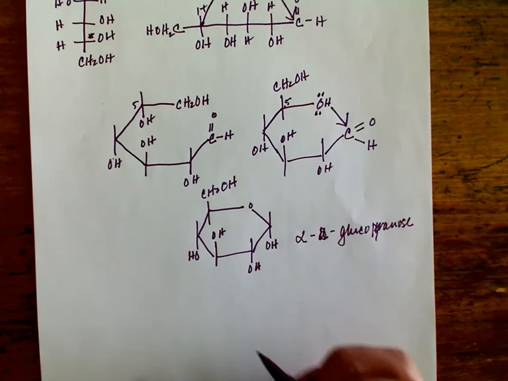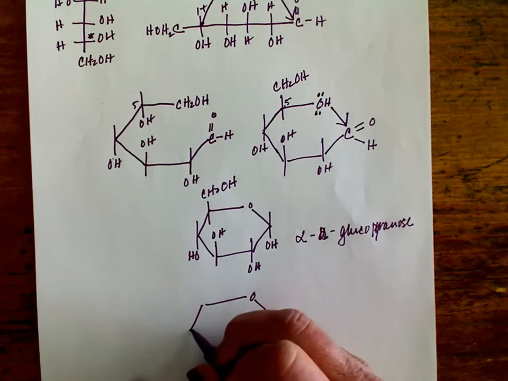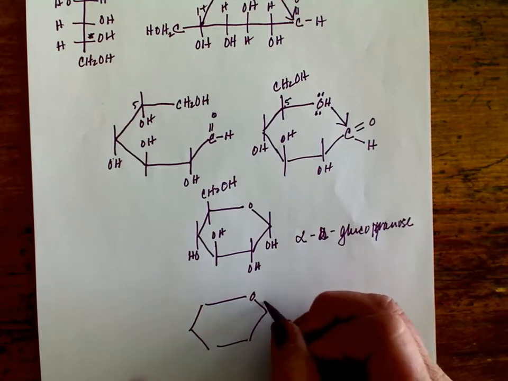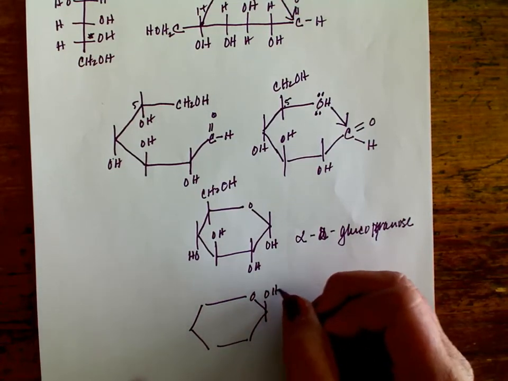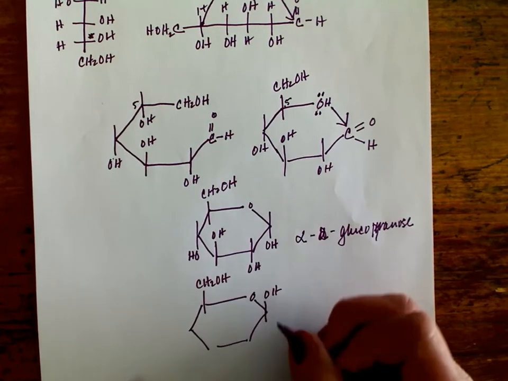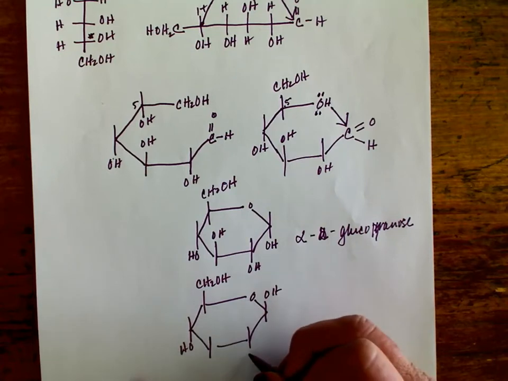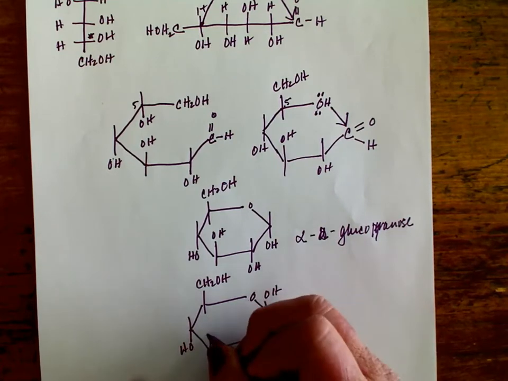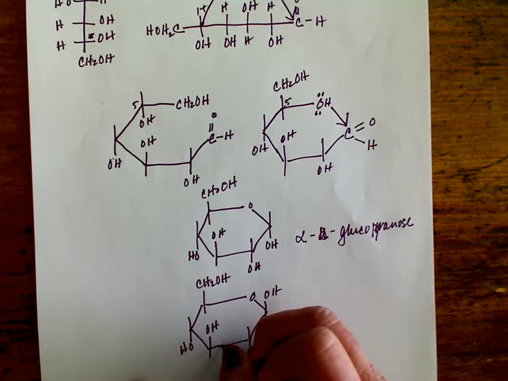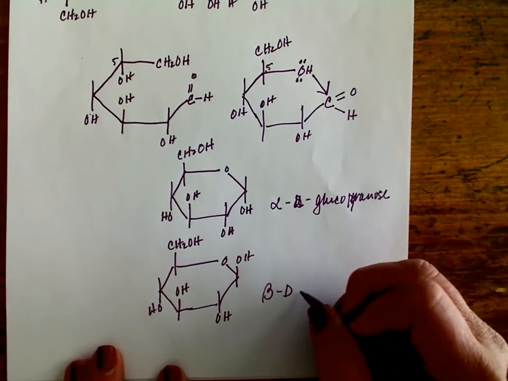And if it is in the other position, it is going to be beta. So if it's in the up position, we have beta-D-glucopyranose.